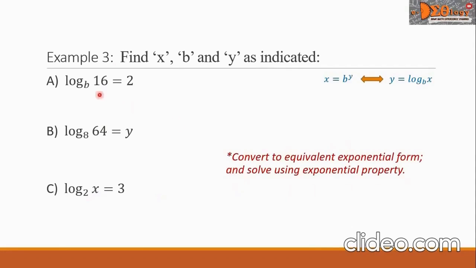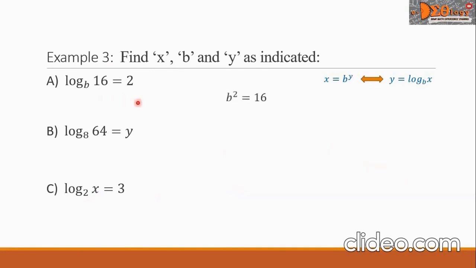Let's begin with letter A. The equivalent exponential form of letter A is b squared equals 16. The b is the base, so I write the base here, and this number 2 is the exponent, so we have b squared, and this is equal to this number 16.